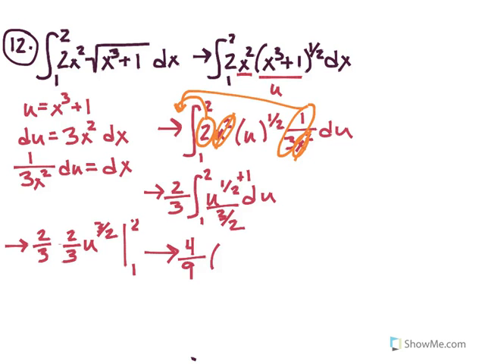Our u originally was x cubed plus 1. And that's going to be to the 3/2 power. And that is from 1 to 2. So I'm going to get the fundamental theorem of calculus started here. I'm going to go ahead and start some brackets. By the way, I'm going to show you another way of setting this up, just in case you have a different preference. If you have a big coefficient sitting out front, you can start this process like this.